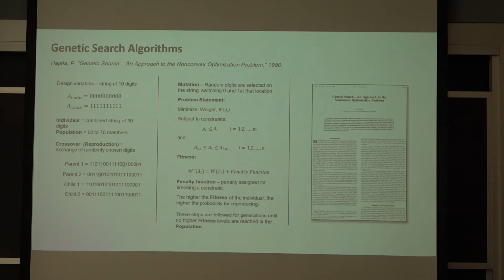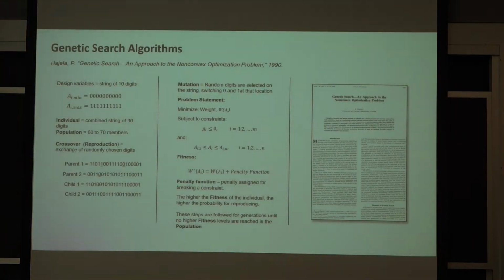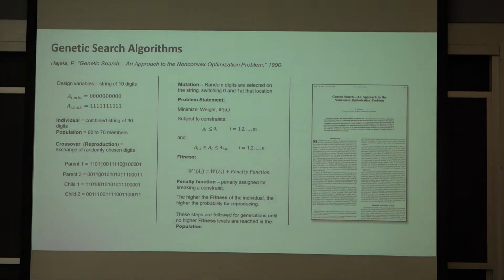So the lowest weight member of the population was considered the fittest, and those are the parts of the population that were bred, so to speak, to create offspring. Those offspring were put through this mutation process as well to introduce some stochasticity into the problem, and then those were judged for being the lightest weight solution, so the fittest.